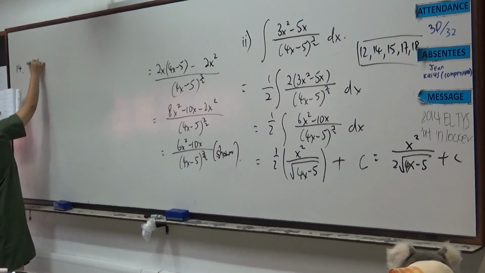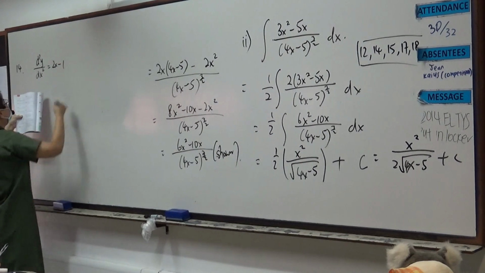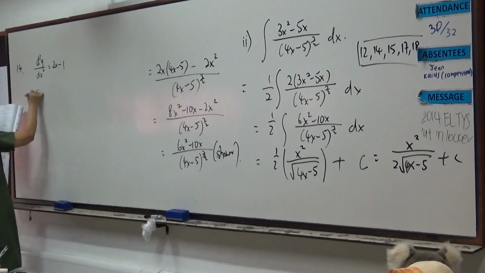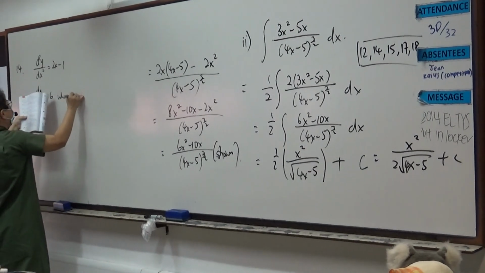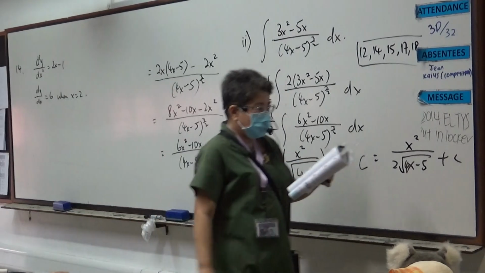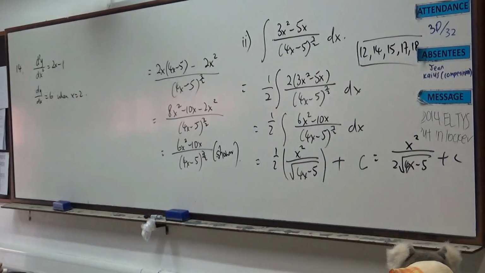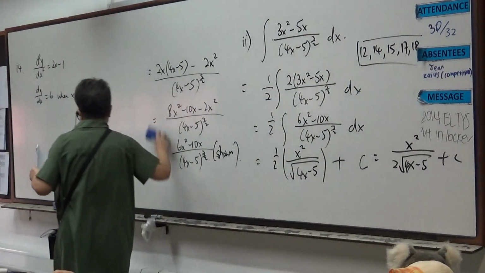Given that d2y/dx squared is 2x minus 1 and that dy/dx is 6 when x is 2, find the increase in y when x increases from 2 to 3. Okay? Alright, what question is that? Question number 14. Okay? So let's take a look first.